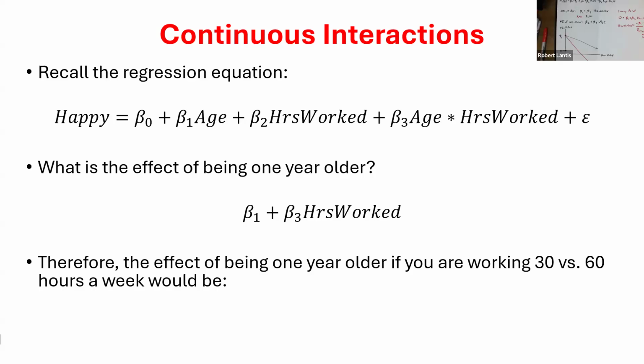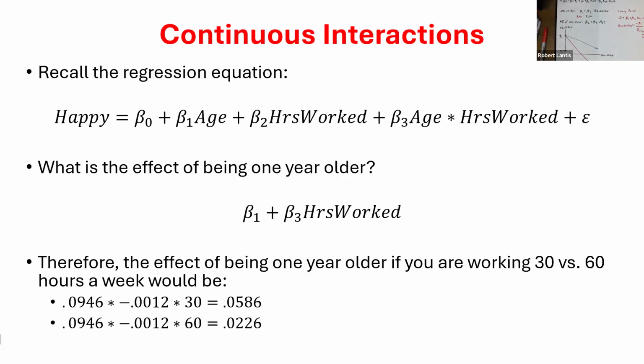All I would do is take the coefficient on age plus the coefficient on the interaction term multiplied by the value I'm interested in finding the marginal effect at, hours worked of 30. And then I could do the same thing, but find the marginal effect of age if I was working 60 hours a week.